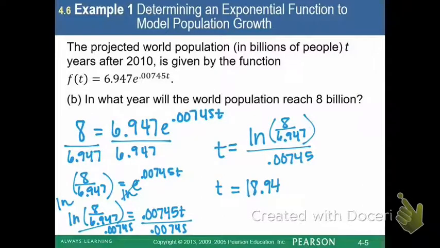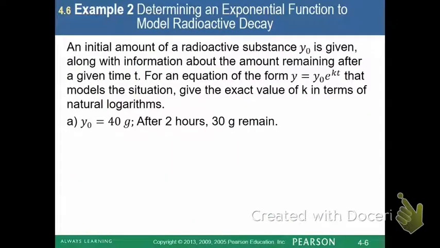The question, though, is asking, in what year will this reach 8 billion? So what we need to do is add that to that 2010, right? So I'm just doing 2010 plus that 18, so that gives me 2028. Good. Next type of problem.